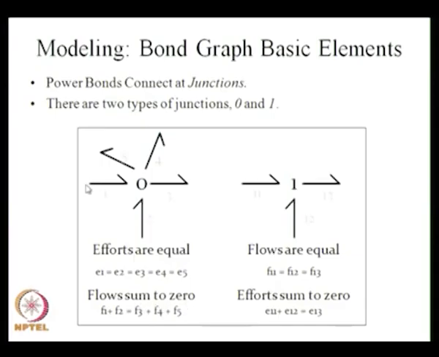The arrow represents the flow coming inside. So 1 and 2 are coming inside and 3, 4, 5 are going outside. Whatever flow is coming inside should be equal to the flow going outside, that is F1 plus F2 is equal to F3 plus F4 plus F5. So you have a common effort and the flows add to 0.